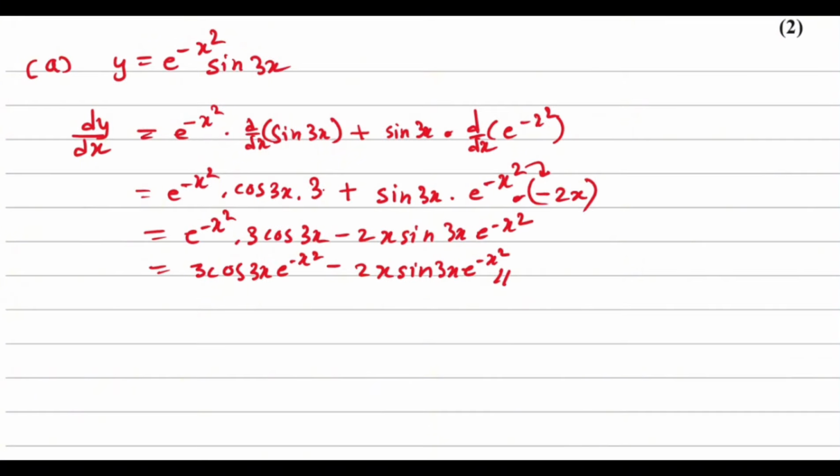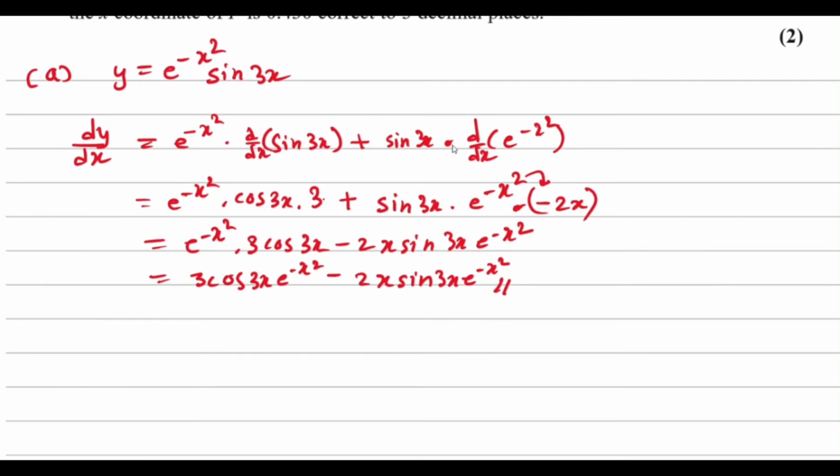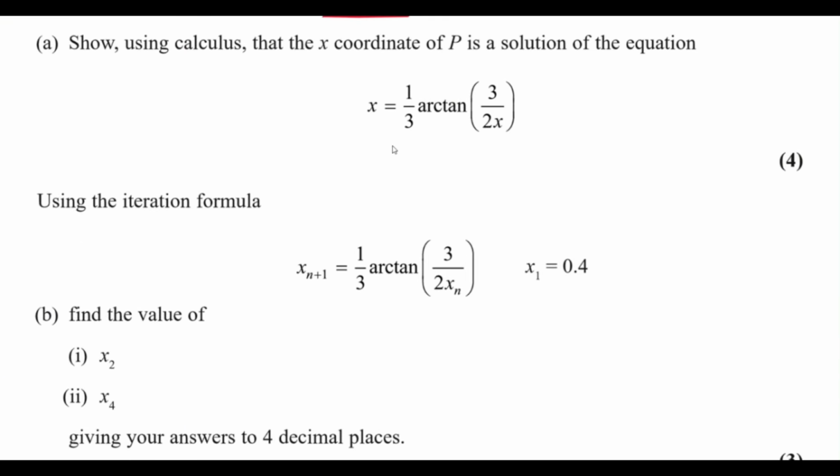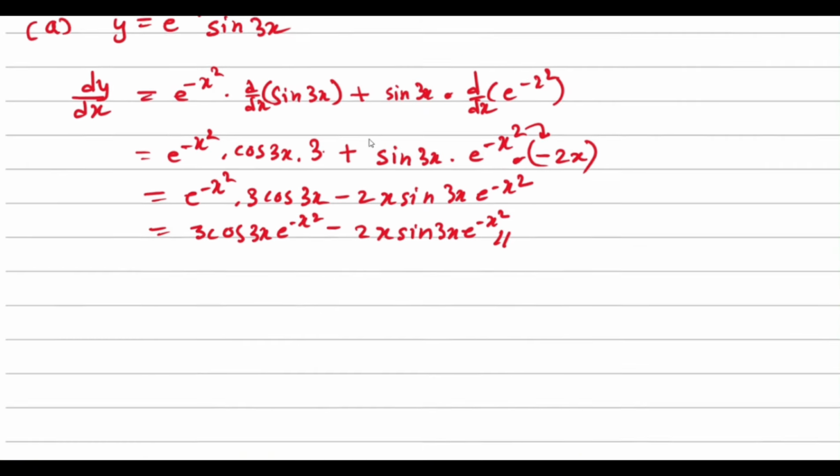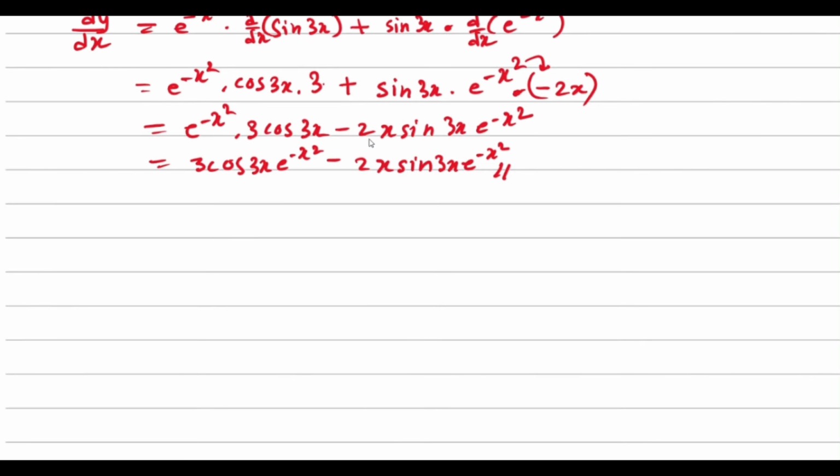Now it is said that we have to find the stationary point P. Now to find the stationary points in general, what we have to do is equate dy by dx for a function with 0, and we solve this equation to get the values of x for which our function shows a stationary point.